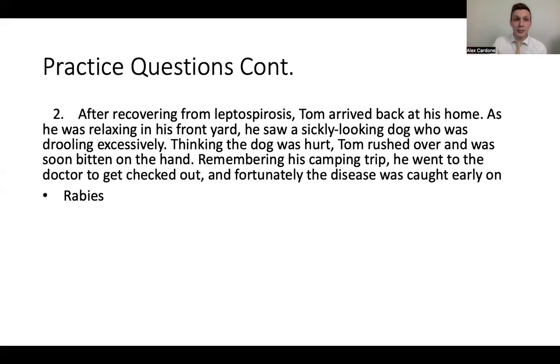But if you were thinking rabies, yes, absolutely. Some of the key indicators, again, from studying, kind of remembering that: it was a dog, and a lot of cases are caused by dogs, but this was a sickly-looking dog who was drooling excessively. That's a unique feature associated with rabies. As well, you could infer the dog quickly bit him on the hand, acting kind of aggressive.